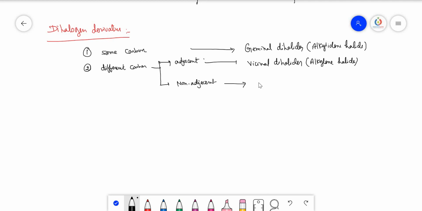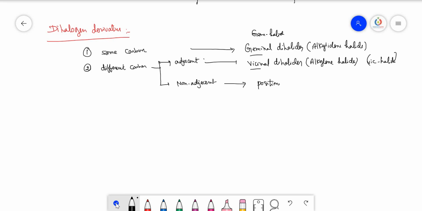In the case of the non-adjacent side, we need to see the position, whether they are alpha, gamma, or alpha, omega, like this. Based on the respective position, we can decide these molecules. But same carbon atom means geminal halides, also called simply gem halides. Vicinal dihalides are simply called vic halides, their shortcut name.